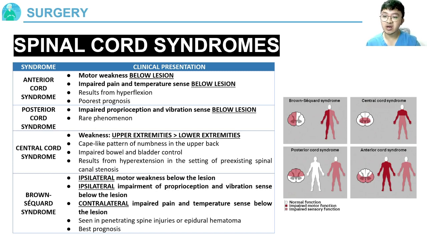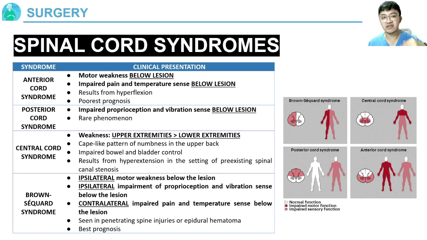Next, we have the Brown-Séquard syndrome, which is a hemitransection because only half of the cord is affected. So what happens is that the motor function and the proprioception and vibration sense of the patient are affected ipsilaterally, because the motor neurons and the proprioception vibration sense of the posterior cord, and the motor of the anterior, decussate at the level of the brain.